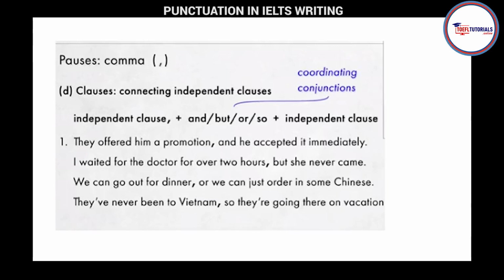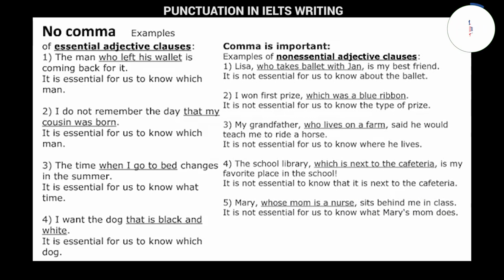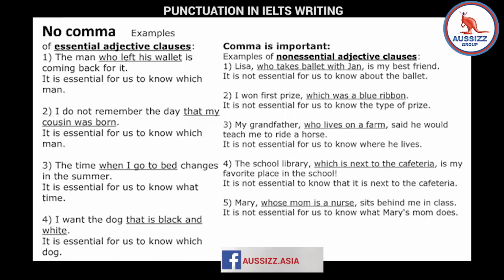A compound sentence means two independent sentences joined together with the help of FANBOYS, and you need to put a comma before the FANBOYS: for, and, but, or, nor, so, yet. Okay. The next part is essential adjective clauses, where no comma is used, and non-essential adjective clauses, where you need to put a comma.